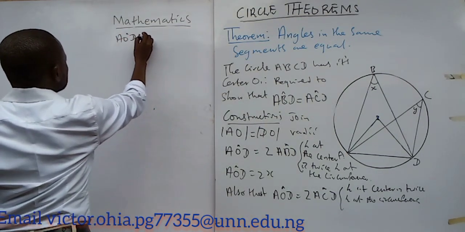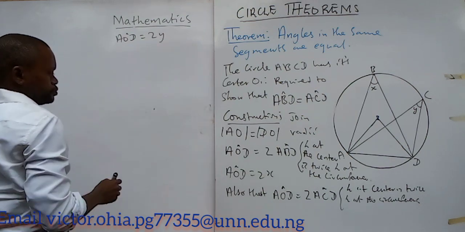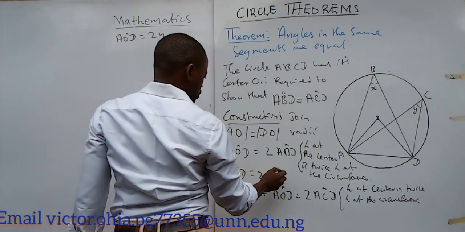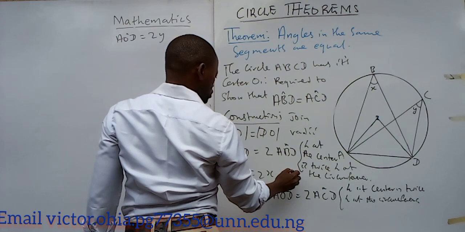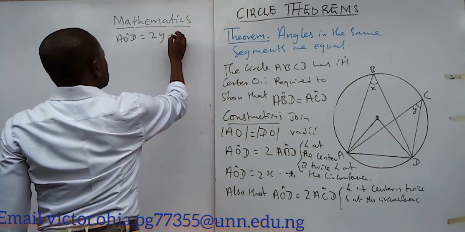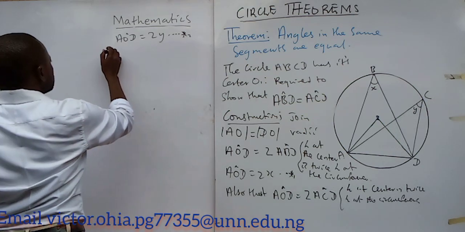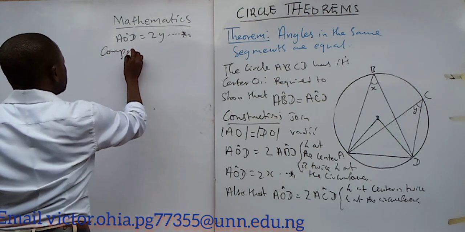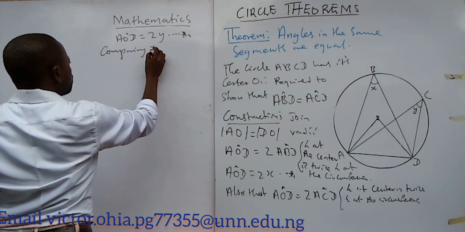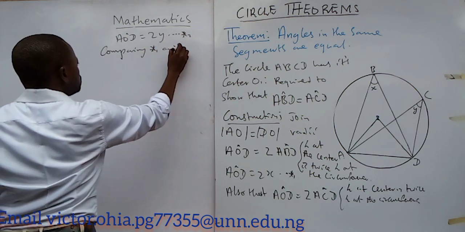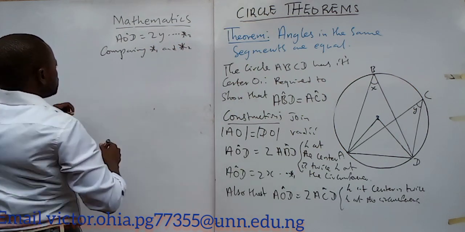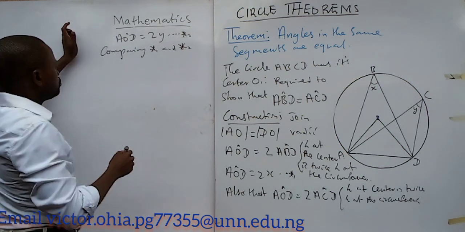And then it means that AOD is equal to 2y. If I call this one star 1, then I will call this one star 2. Comparing star 1 and star 2, you realize that AOD is common in them.